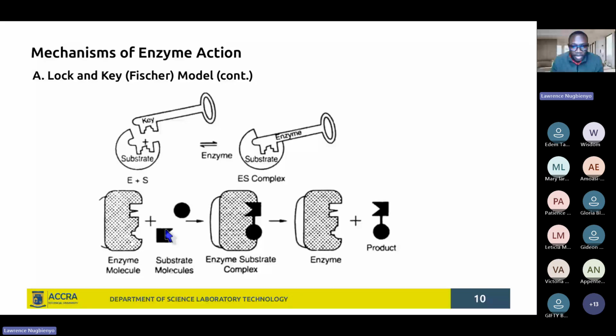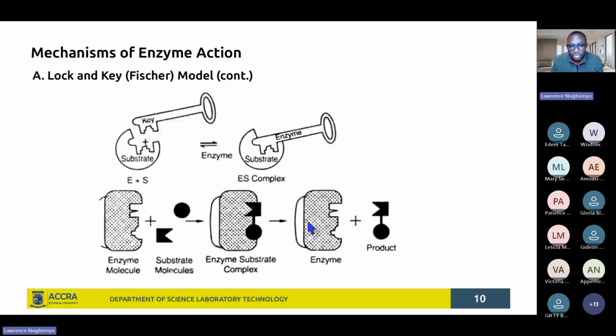Now we see those two substrates bind to the enzyme to give you an enzyme substrate complex. And you can see right away that there is some interaction between the two substrates in the active site of the enzyme. And that would then result in formation of a product.